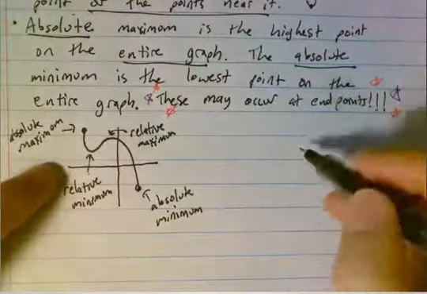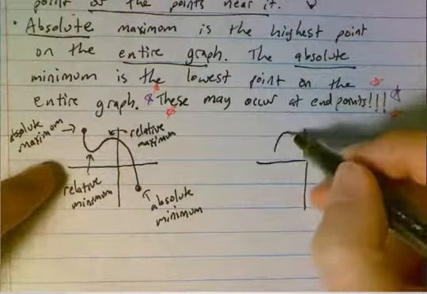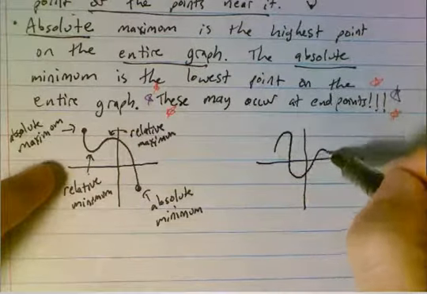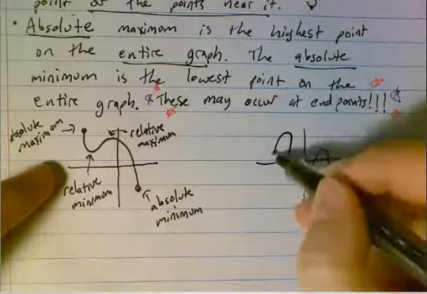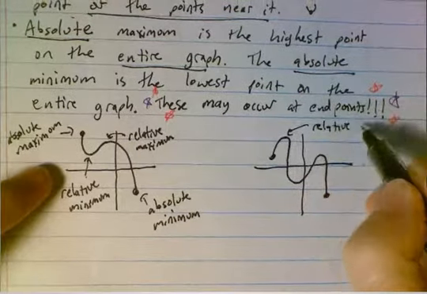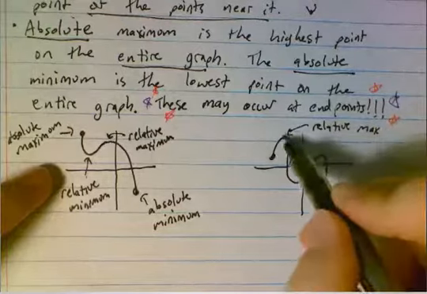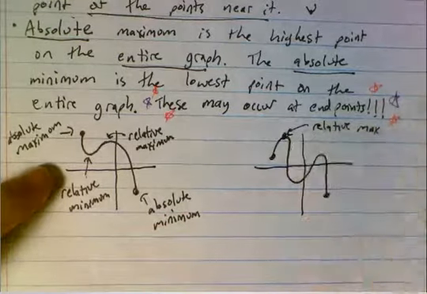Now, they don't have to occur at endpoints. So for example, we could have a curve that looked like this. Here we have a relative maximum. It's also the absolute maximum. This is the absolute highest point on the graph.